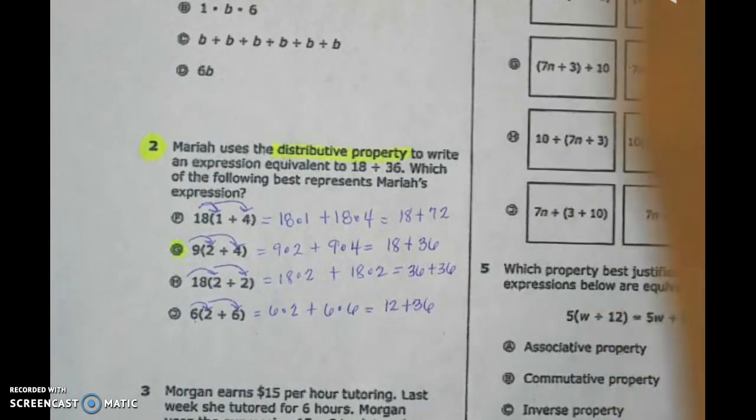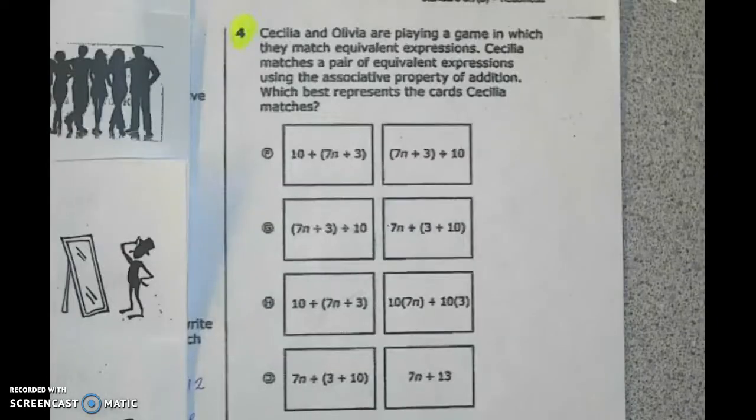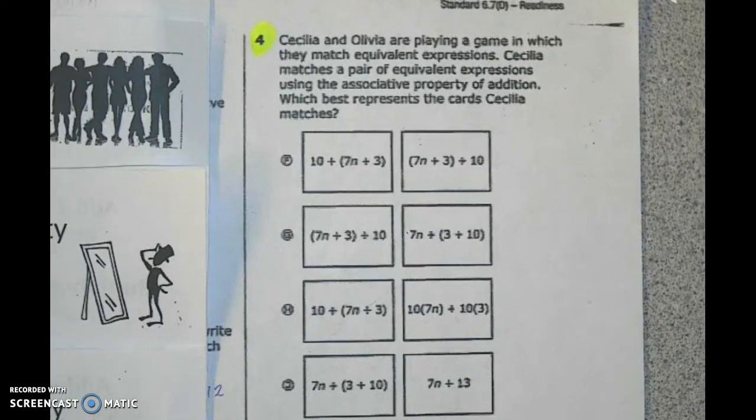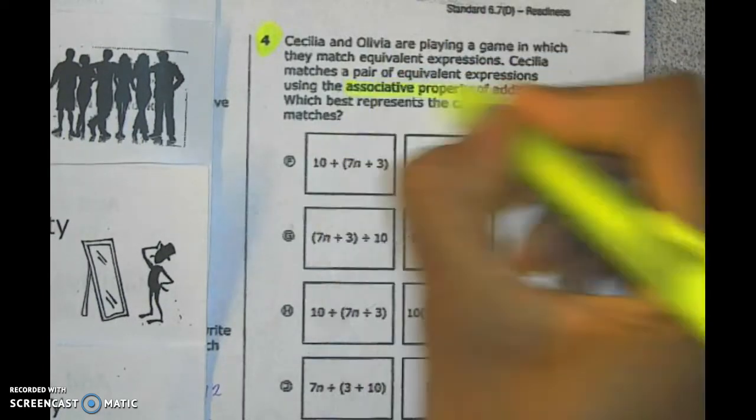Let's jump into number 4. Number 4 looks a little bit scary. It says, Cecilia and Olivia are playing a game in which they match equivalent expressions. So we're looking for expressions that have the same amount. Cecilia matches a pair of equivalent expressions using the associative property of addition.